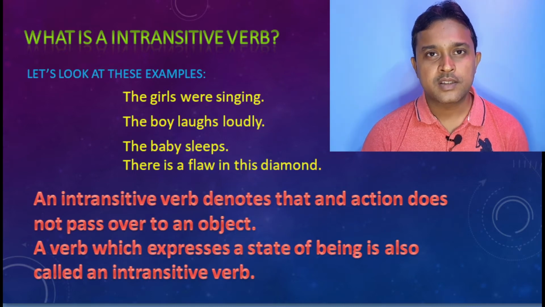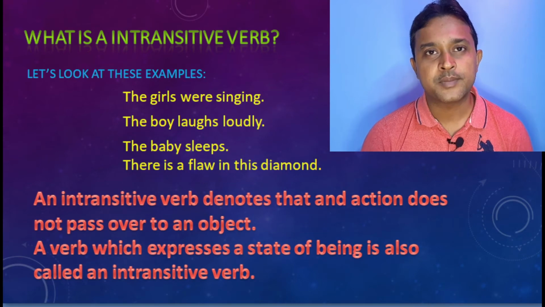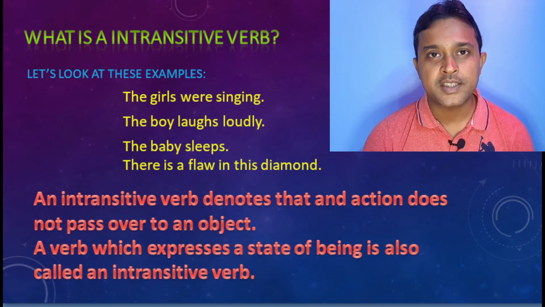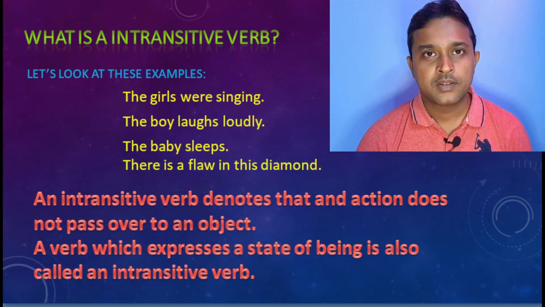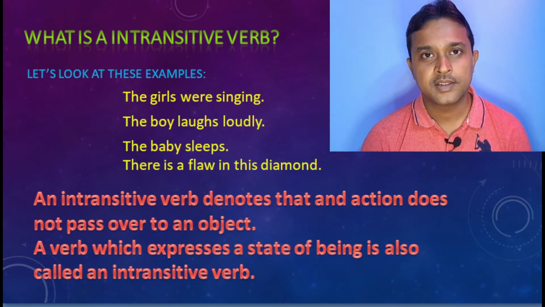The girls were singing. In this sentence, the verb singing is not followed by an object. Same is the case with the third example, the baby sleeps. The verb sleeps doesn't have an object after it. The boy laughs loudly.